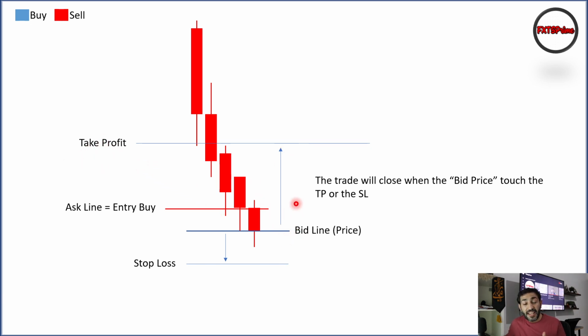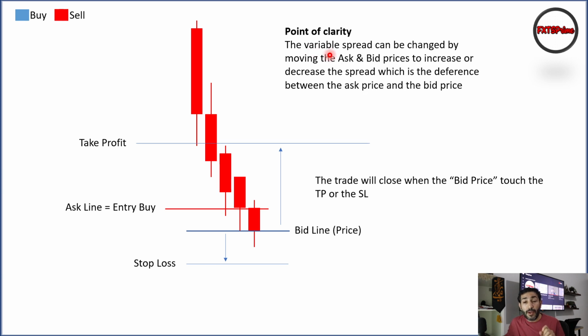So in the sell scenario, the ask line is the one that triggers your take profit or stop loss. However, in the buy scenario, your bid line is the one that triggers the stop loss or the take profit. So this is very important. Now I'll give you a point of clarity. The variable spread can change by moving the ask and the bid prices up and down.